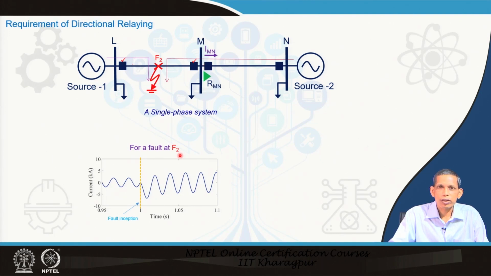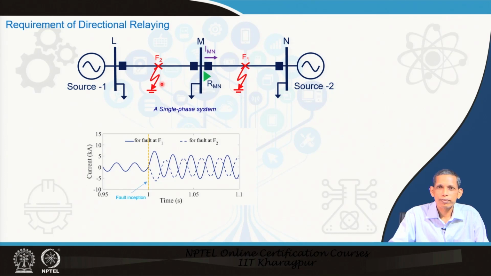So, this is what we see, for the two fault cases, one in F1 this side and one in F2. Now, if you mark these two, assuming that both the faults happen at the same fault inception point 1 second here, this is some simulated data for understanding purpose. So, then if you plot the two currents, fault currents, they become like this, the solid line for the F1 fault and the dotted line for the F2 fault, and both the currents are observed by the relay RMN.